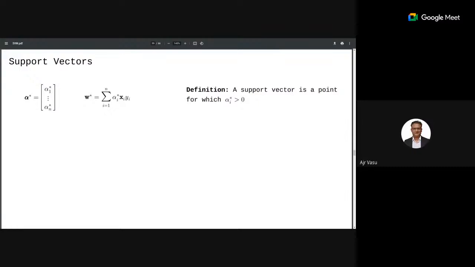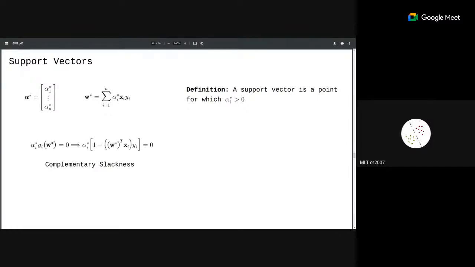The points on the line may or may not be support vectors. Not all the points on the line are support vectors, but support vectors will definitely be on the line or inside the line.